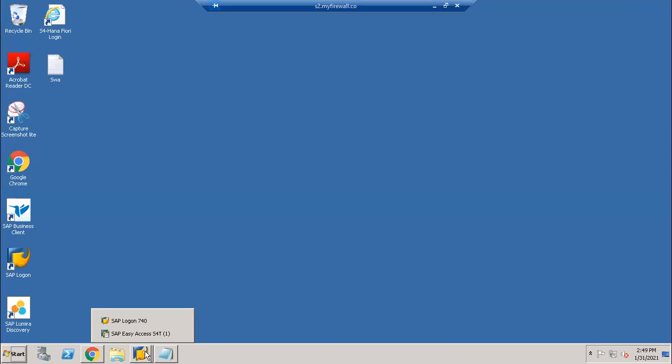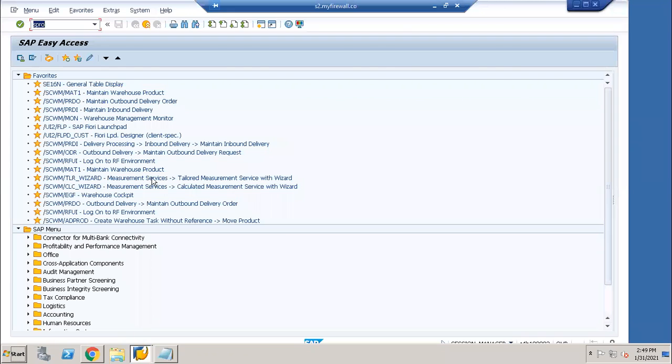Okay, so it is 1909. I am going to the SPRO menu to take care of some specific activities for configuration setting. Yesterday we completed most of the configuration setting, especially for org structure and enterprise structures involving all these master data.